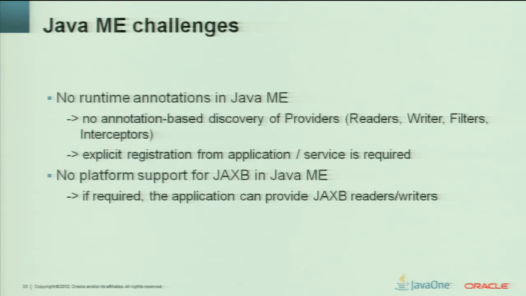It doesn't limit what you can actually do with the API. There's also no out-of-the-box platform support for JAXB in Java ME. So we don't have an automatic way of parsing XML here. But that's something the application or the provider could provide.